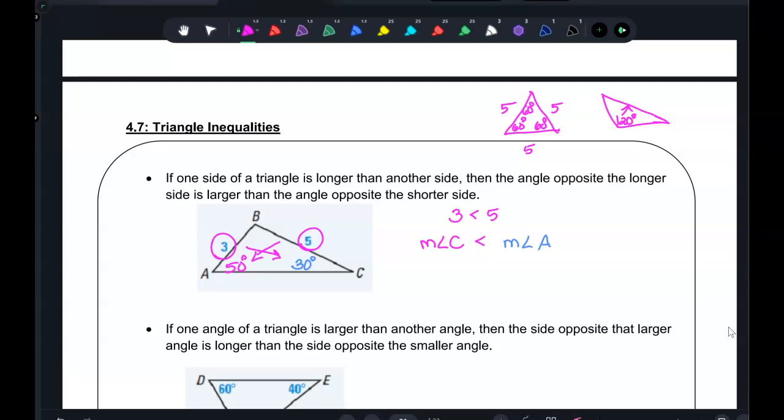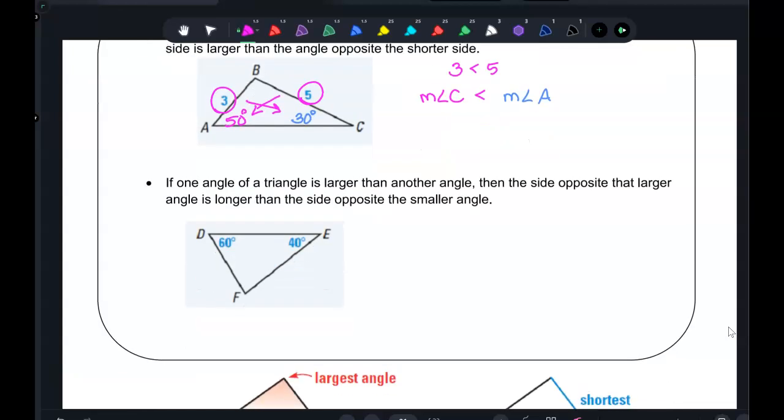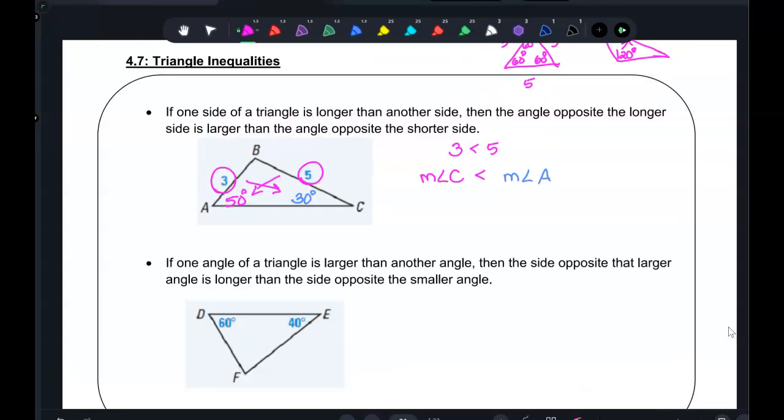But wait, what did you say? So if this side is bigger than this one, this angle will be bigger than this one. Or if this angle is opposite this smaller side, then this angle is going to be the smaller. Are you just saying that the angle that's opposite the number is the name of the number's angle?